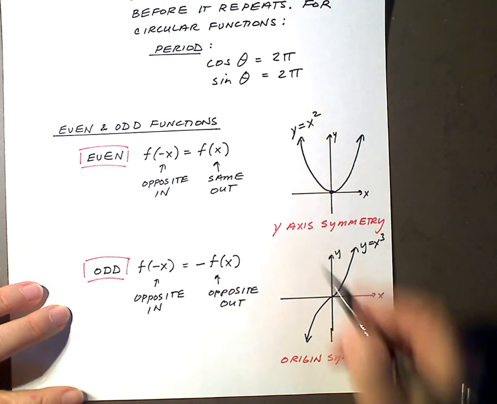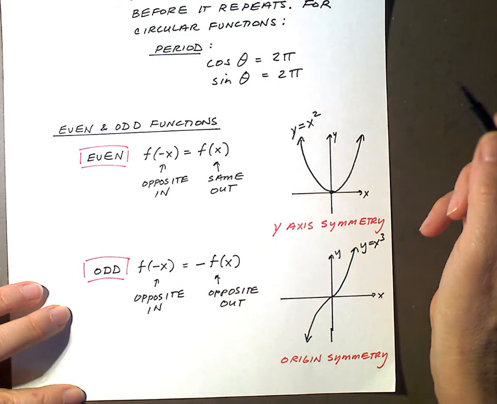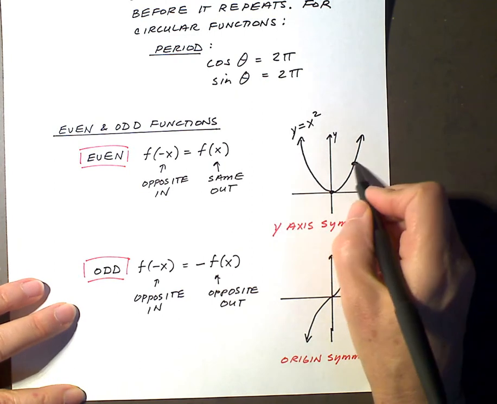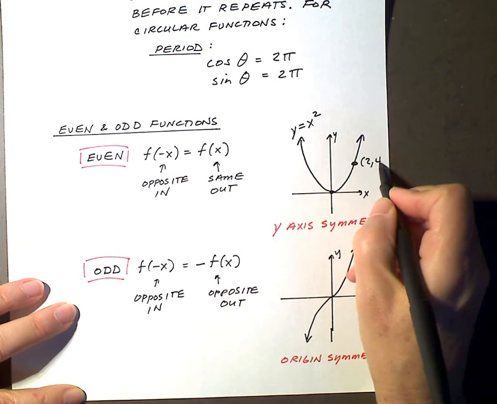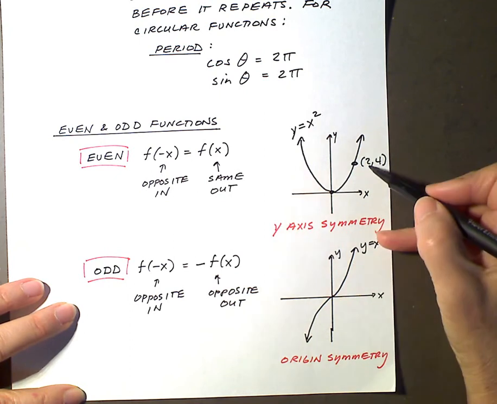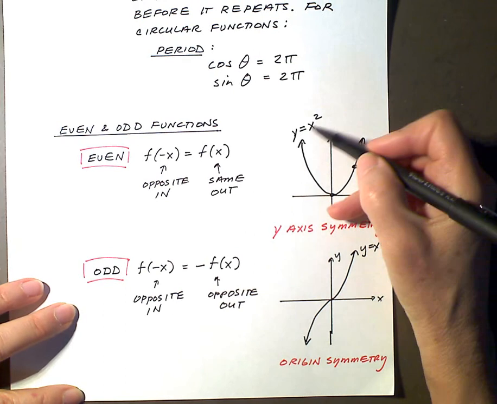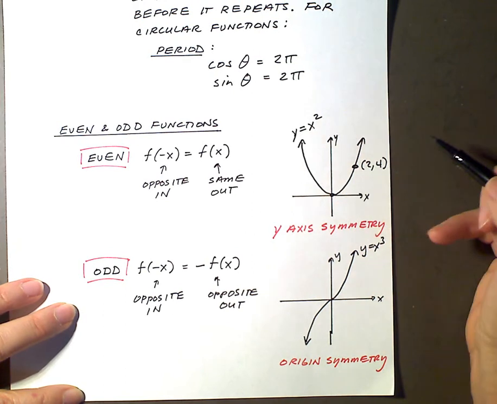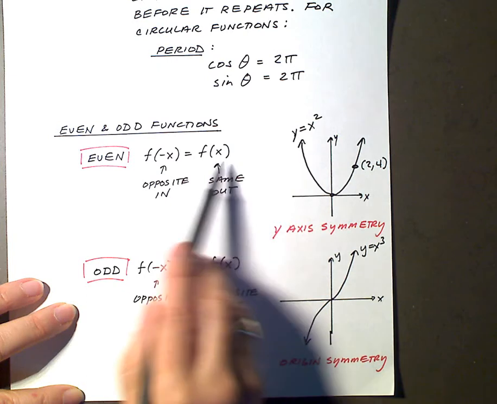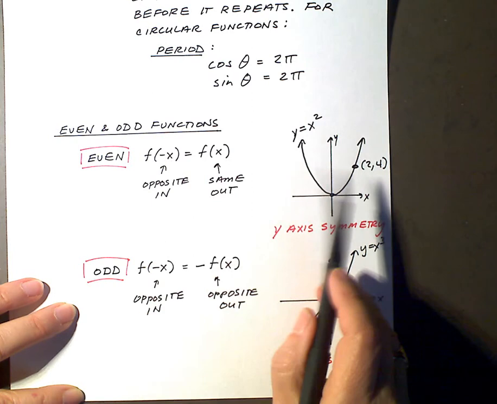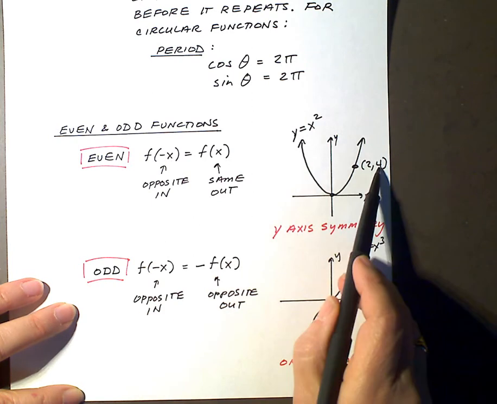If we look at, this is the graph of y equals x squared. So if I pick a point on this, like (2, 4). Okay, so when I put in a 2, my function is 4, because 2 squared is 4. The attribute algebraically of an even function is that when I put in the opposite x value, I get the same y value out as this original point here.